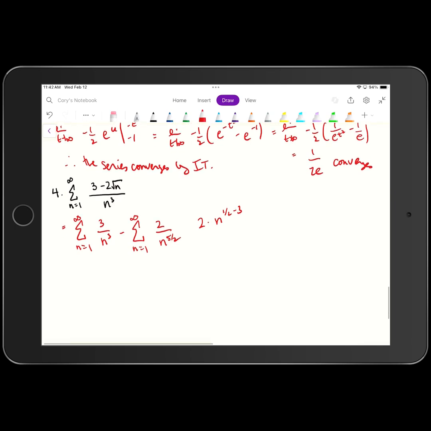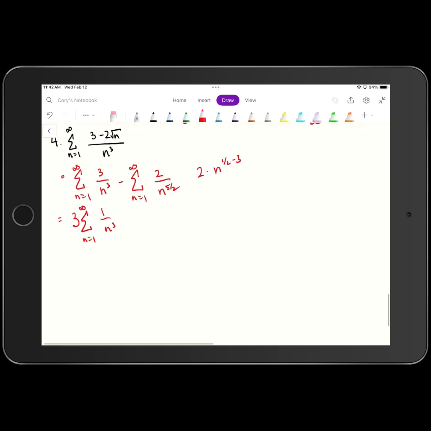Okay, so when I do that, I can rewrite that first sum as 3 times the sum from n equal to 1 to infinity of 1 over n cubed. We know that that converges by the p-series test.